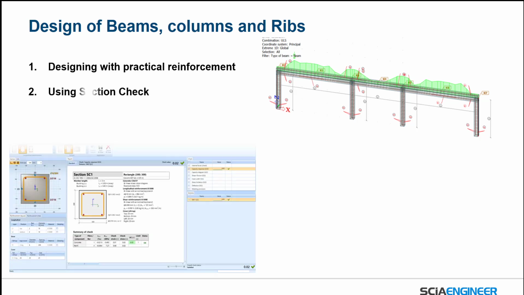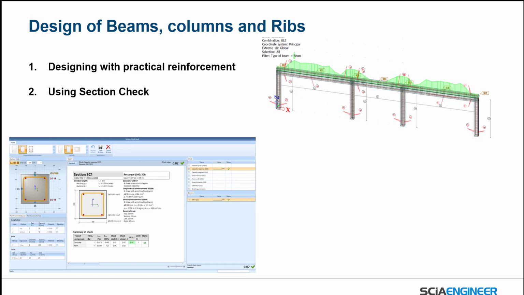The second workflow is for when you have a very complicated situation, or when you have a little bit dangerous or critical cross section with a difficult shape. Then I recommend you to use the section check, which is an integrated tool inside SCIA Engineer.